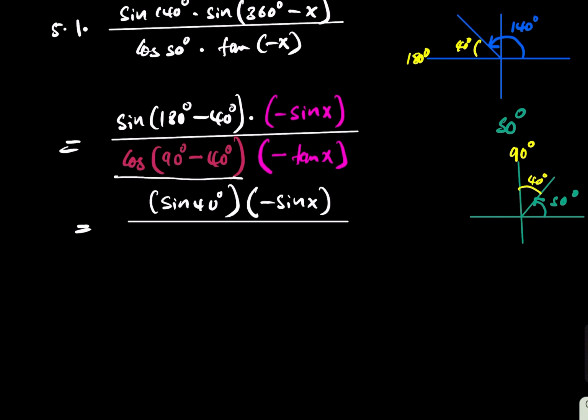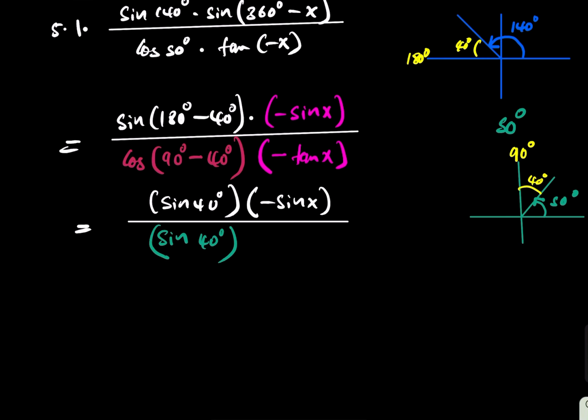If you look at this one, like I said, it's a co-function identity. That is in the first quadrant, where everything is positive. So I'm going to have a positive of the co-function of cos, which is sine. But now I'm going to take that angle of 40 degrees there.